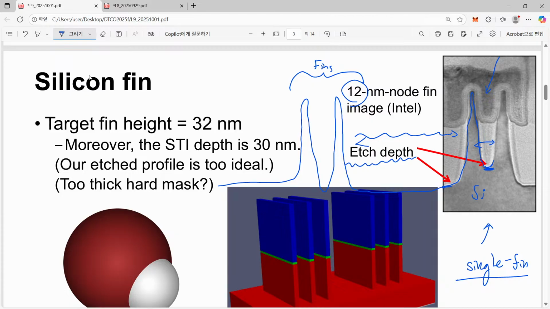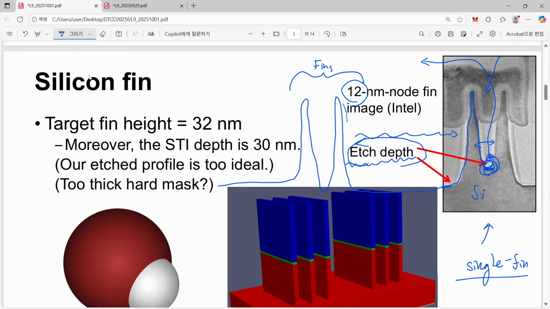The reason we have different etch depths is that we must insert our etchant into this narrow hole and have a certain chemical reaction, and the resultant material should escape from this deep and narrow hole. That is very difficult for this narrow one.